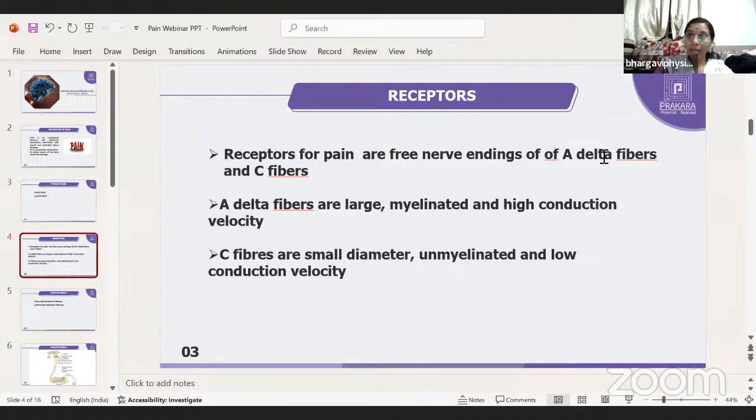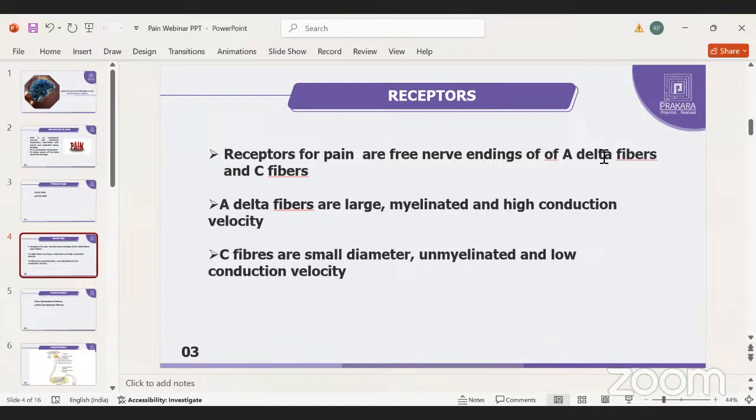So slow pain is carried by the C fibers and fast pain is carried by the A delta fibers. A delta fibers' diameter and conduction velocity is more than the C fibers.